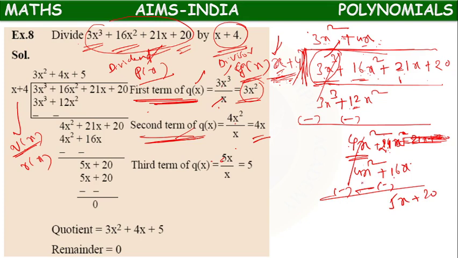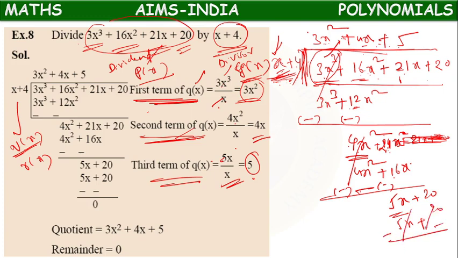Now for getting the third term, 5x by x is 5. We keep it here, plus 5. So 5 into x is 5x, plus 5 4 times is 20. Next minus minus cancels, remainder 0.